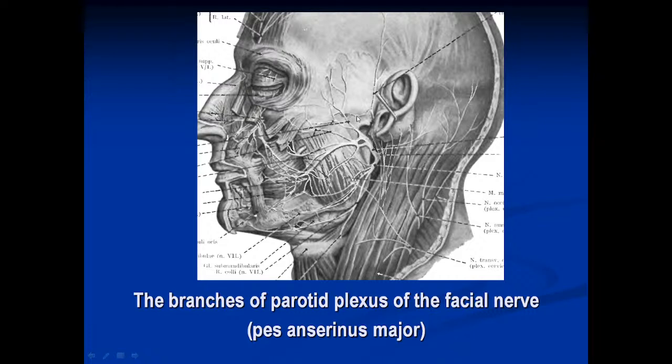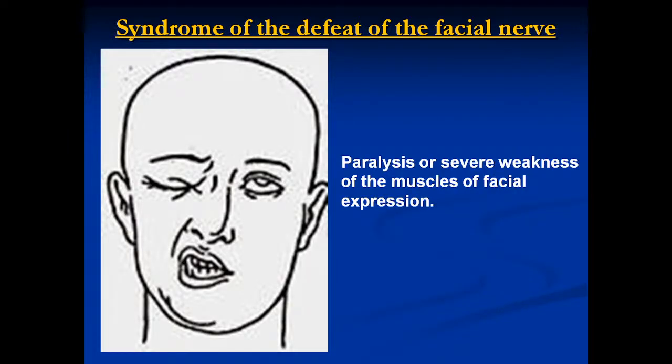This structure is called pes anserinus major in Latin. The syndrome of damage to the facial nerve you can see on this slide: paralysis or severe weakness of the muscles of facial expression.